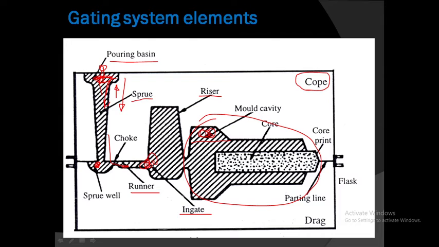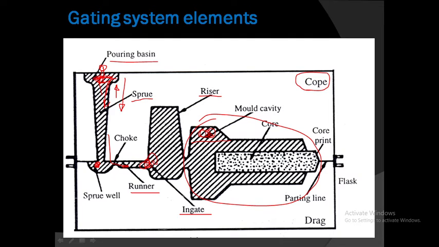So this right angle changes the direction of flow, which should be avoided, and this can be avoided by reducing sharp corners. Whatever the sharp corners of the gates are there, it is not desirable because they may be eroded due to the flow of metal, and sand pieces may be carried out into the mold cavity. So the sharp corners should be avoided in a gating system.